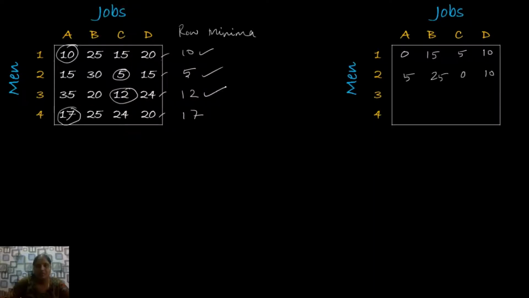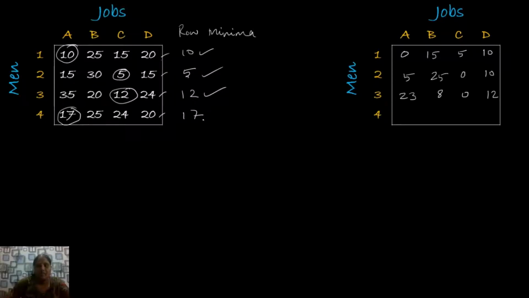Let us go for the third row. Let us subtract 12 from all the elements. That is 35 minus 12, 23, and 20 minus 12, 8. 12 minus 12, 0. 24 minus 12, 12.